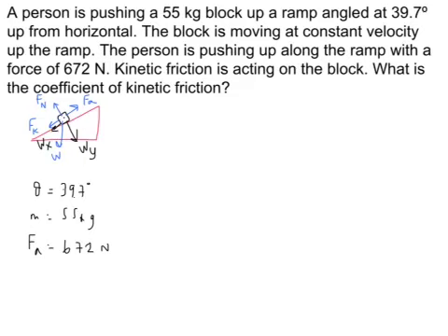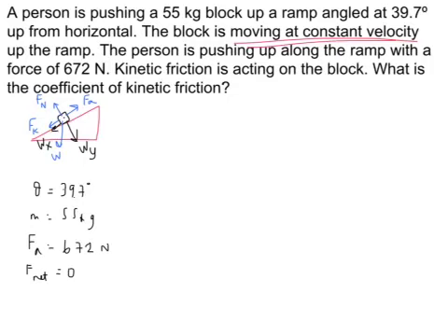There's one last thing we know, which is really important. This block is moving at constant velocity. So whenever you see that, you immediately write down F net is 0. The same thing can be written, F net 0, if you see that the object is at rest. So that's a crucial piece of information.